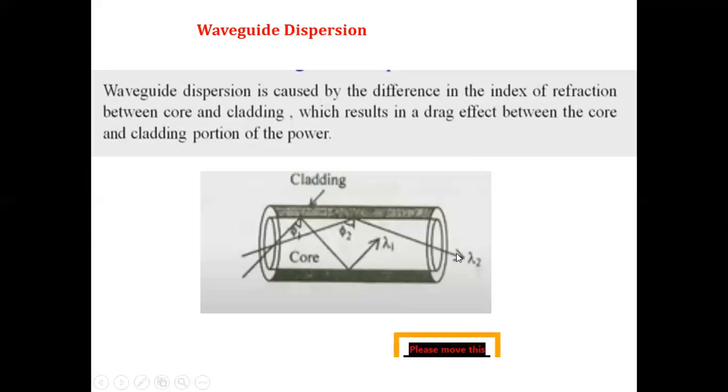It has been inserted at the acceptance cone, right? And it is going to be incident at phi 1, here we have phi 1, and phi 2. So there is a difference in the index of the refraction between core and cladding, which results in the drag effect between the core and cladding portion of the power. So such type of dispersion is also known as waveguide dispersion.